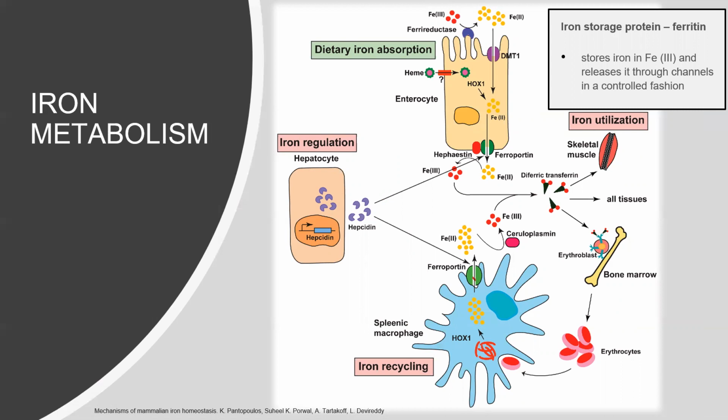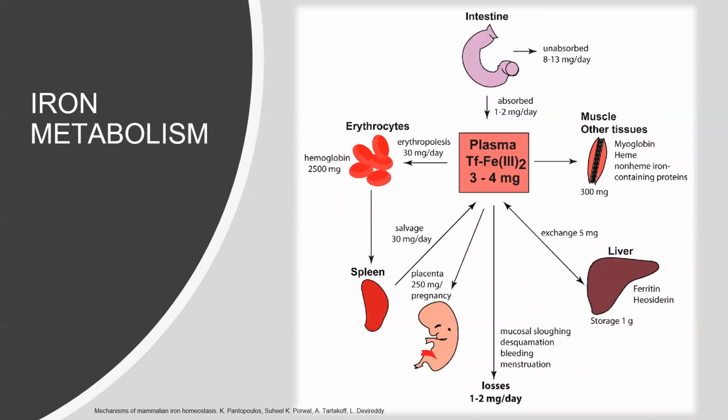Actually, we've got the other type of iron intake, I'd say. It's splenic recycling, right? So we have the spleen and an iron salvage pathway.